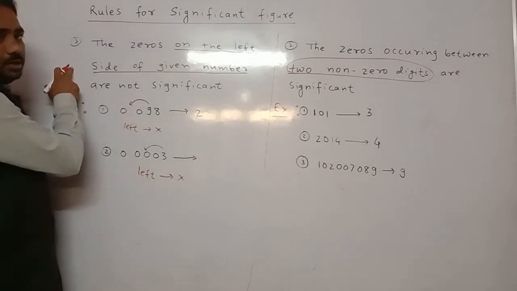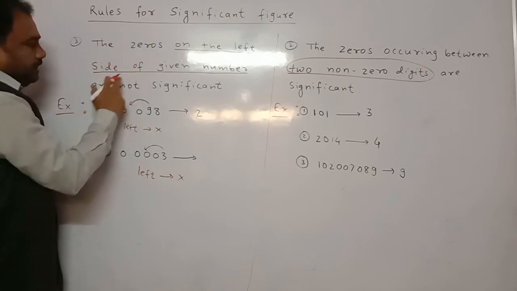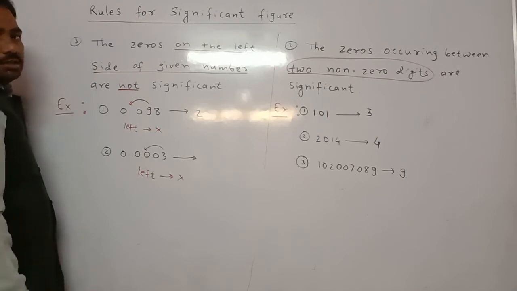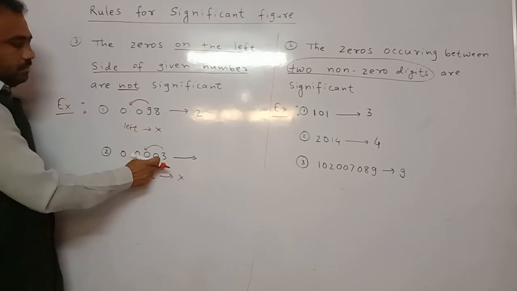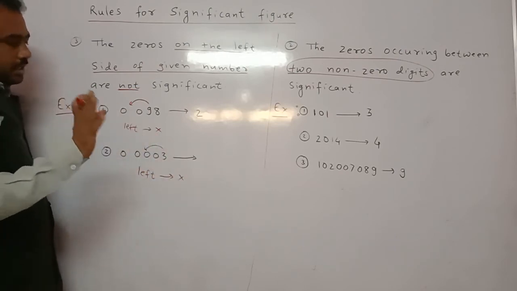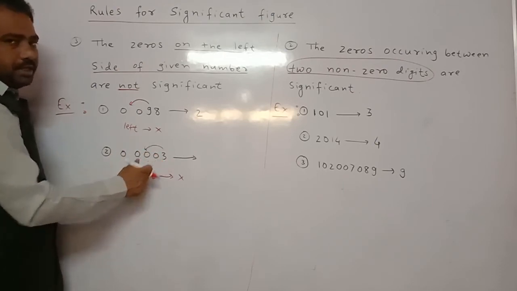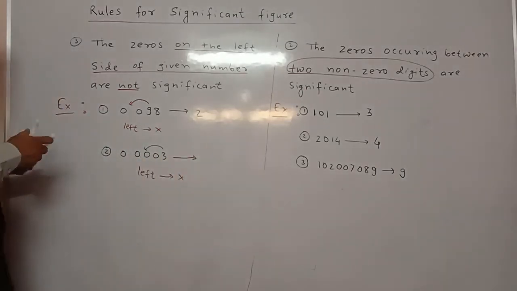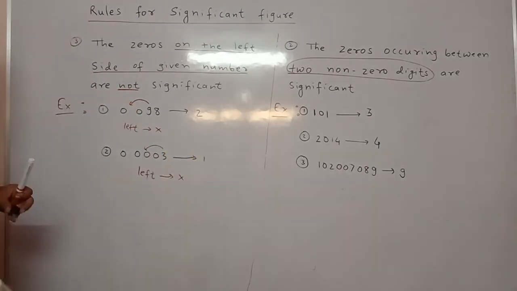Using our third rule, the zeros on the left side of the given number are not significant, because they are present on the left side of the number. So how many significant figures are in this number? Only 3, that is 1 digit. So you should write here 1 as the number of significant figures.